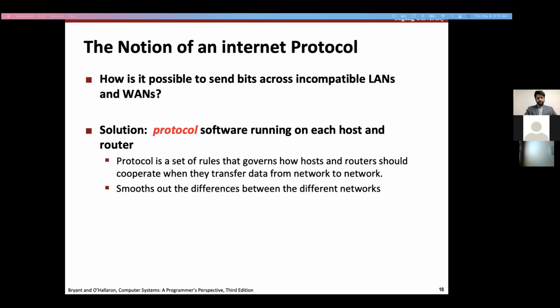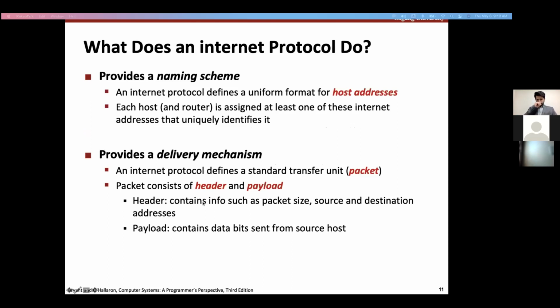And the protocol must define two basic capabilities. The two capabilities provided by the internet protocol are, first, a naming scheme, and second, a delivery mechanism. What does it mean to say that it provides a naming scheme? We have different LAN technologies.